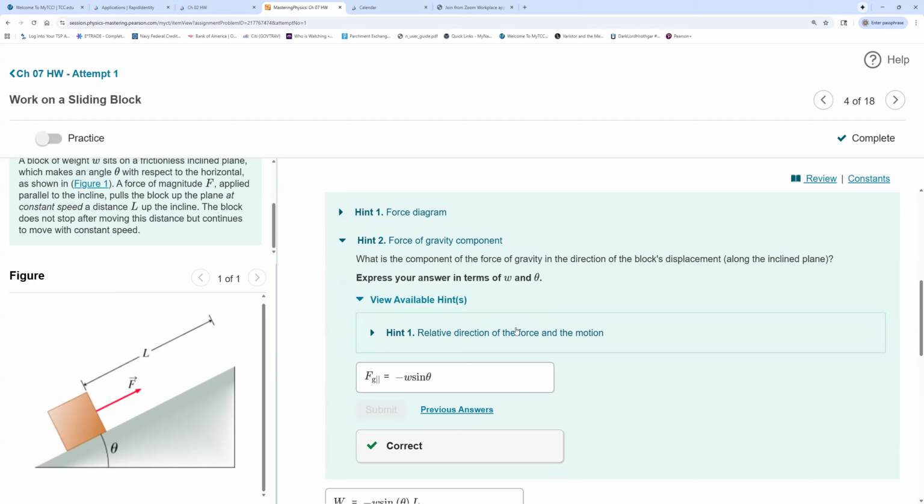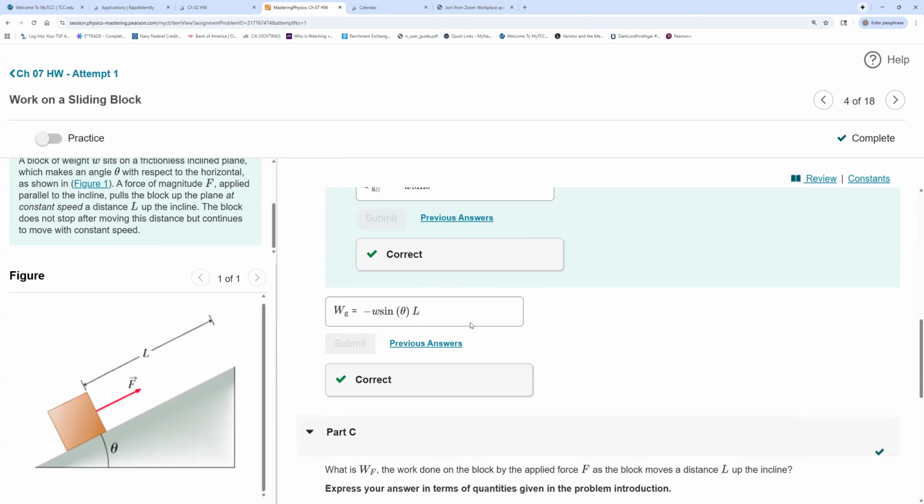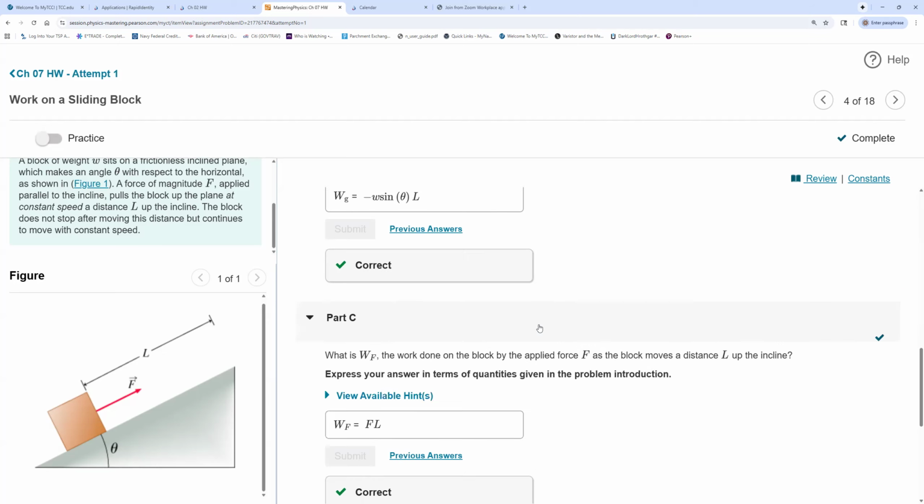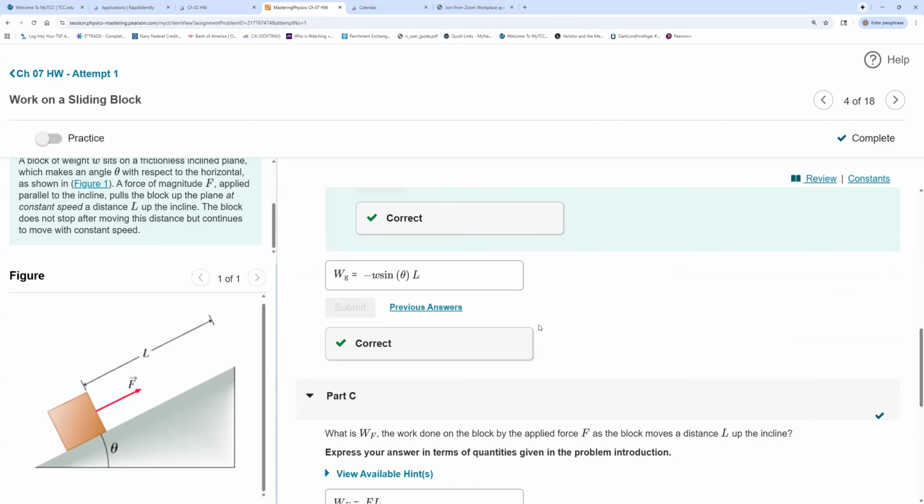So that's the one you actually want. So you do mg times sine of theta, the component of force parallel to the incline, but it actually points down the incline and the object's moving up the incline. The fact that they're in opposite directions is where you get the cosine of 180.